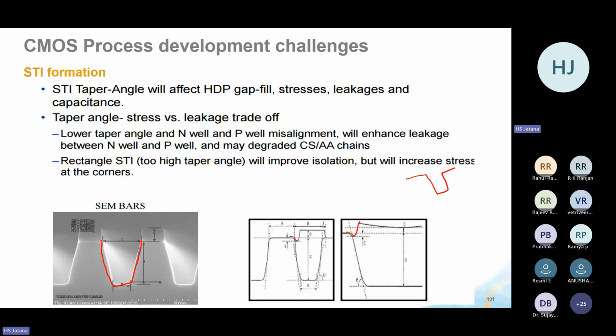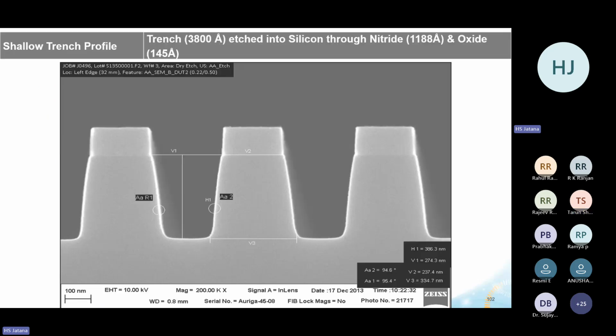He has to ensure that at the corners, there are two corners: at the top, and at the bottom here also, there should not be any stresses at the corner. So there is a taper angle stress versus leakage trade-off. He has to do that. And finally, you can see this is how it comes out.